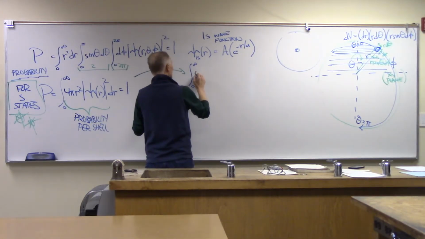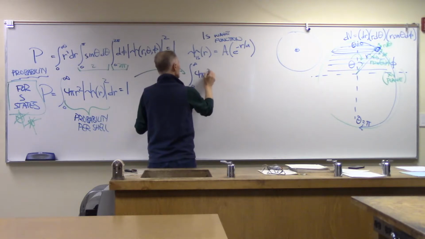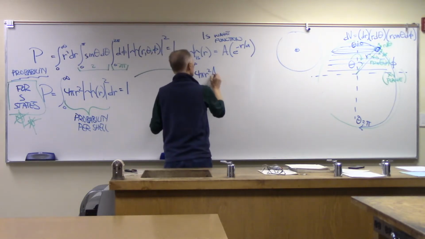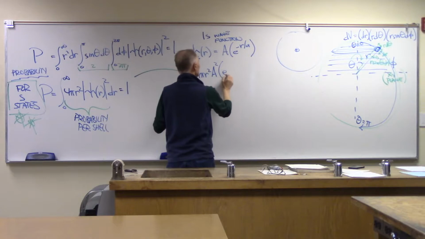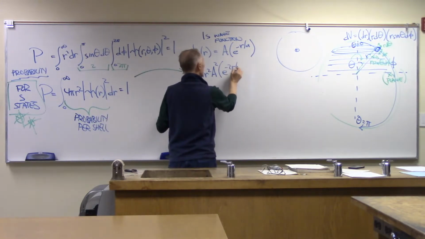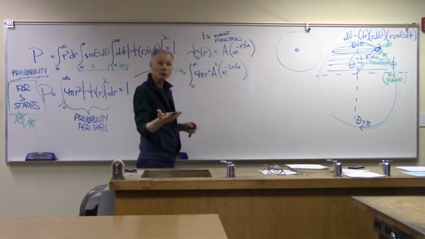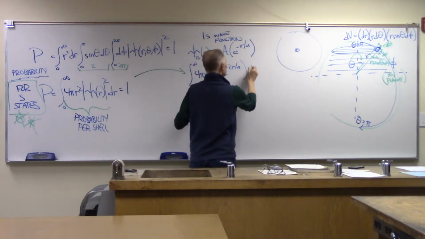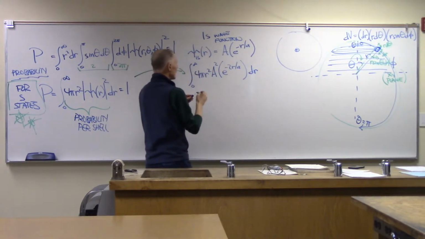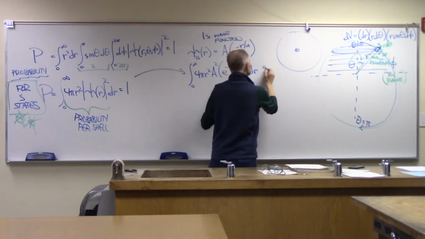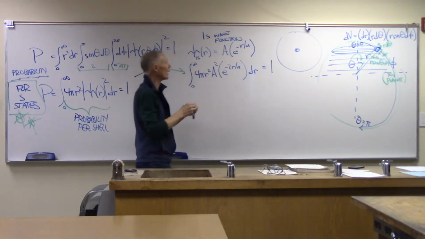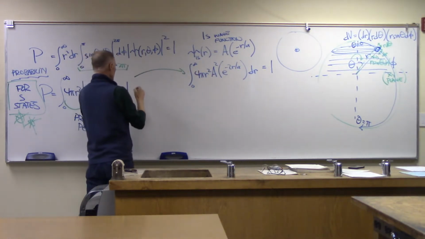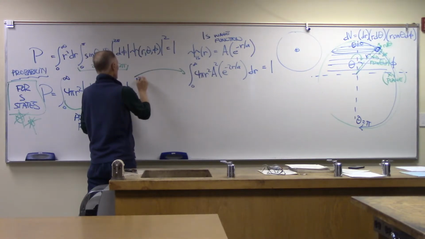And what we're going to have is 4 pi r squared a squared e to the minus 2r over a, because it's the wave function squared, and then dr. And this integration needs to give us 1. So this is going to become normalization.